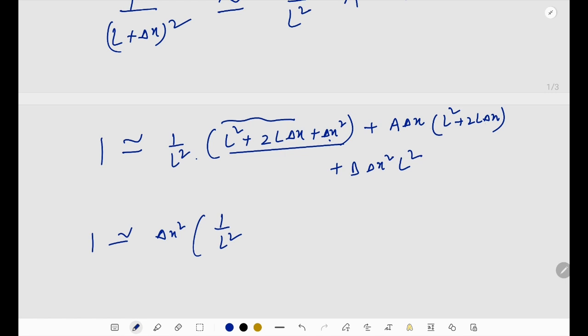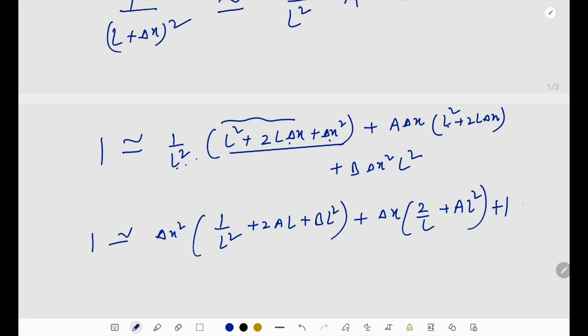Here I can get 2AL plus 2AL, and here is BL square plus BL square, and I can now write the coefficient of delta x as 2 upon L plus AL square, and the only term left is 1 by L square multiplied by L square, that becomes 1.